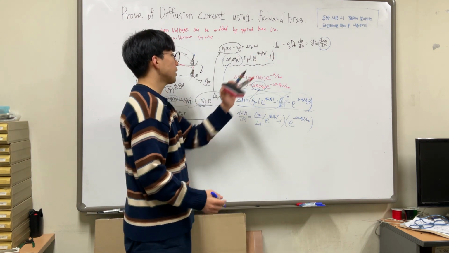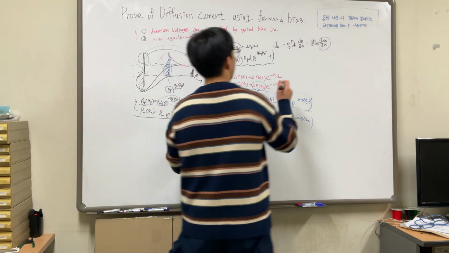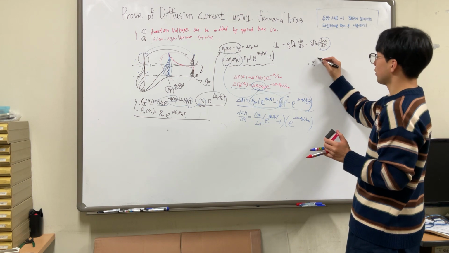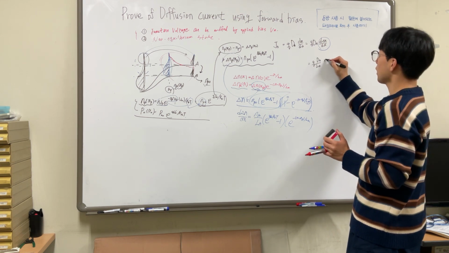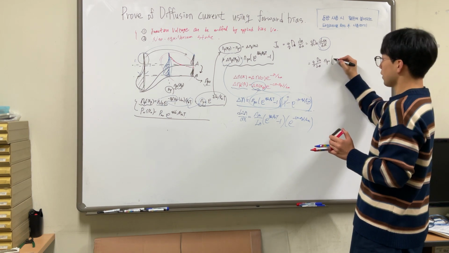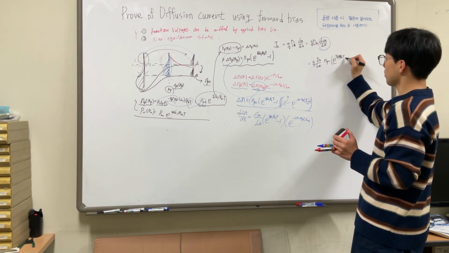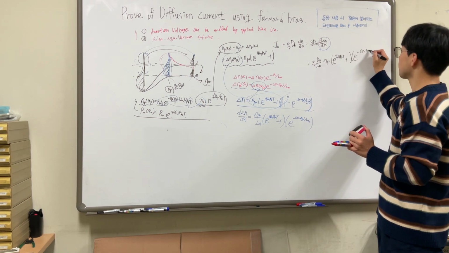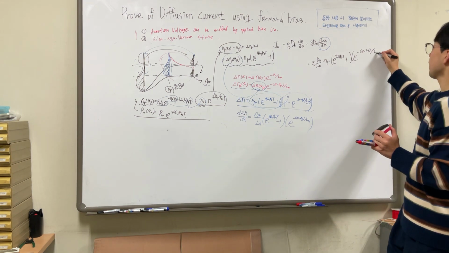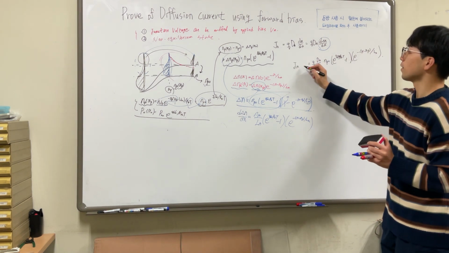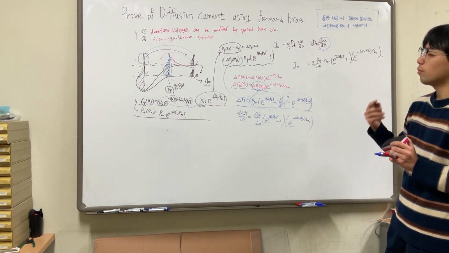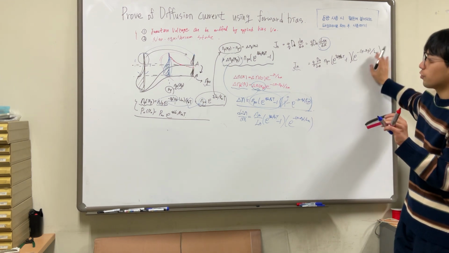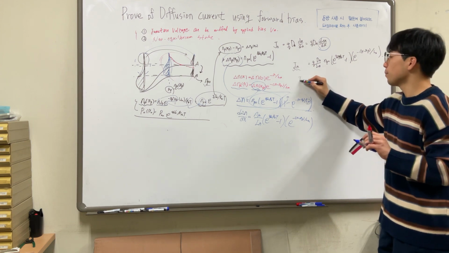Then we get this: q Dn over Ln, NP0, exponential qVA over kBT minus 1, and exponential (x minus xp) over Ln. This is Jn, but we want to know the electron diffusion at xp.